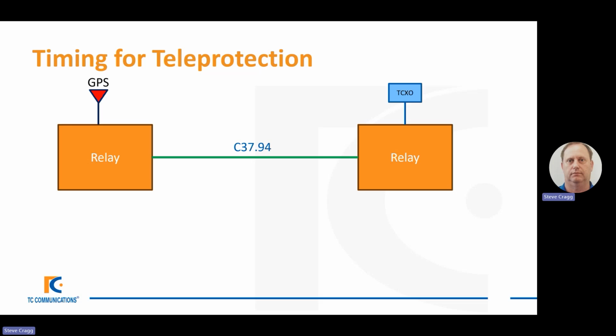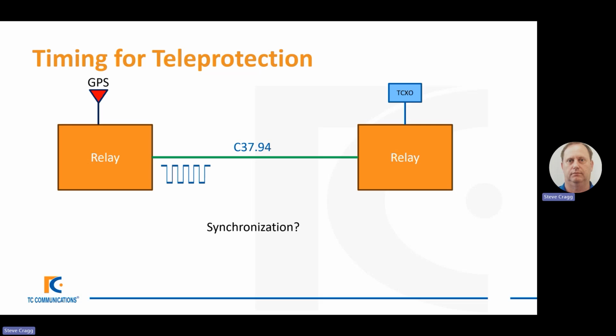The one on the right does not have such synchronization. And over time, that one will drift off of the really accurate time. So are they synchronized? Well, they'll start synchronized, but they will steadily get out of synchronization.